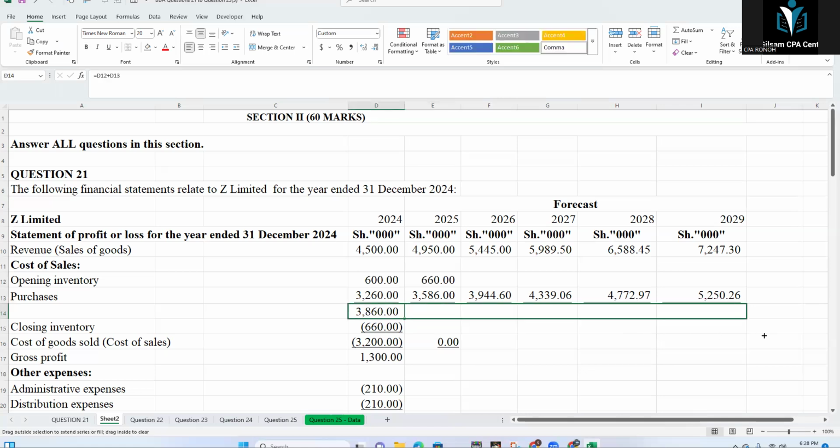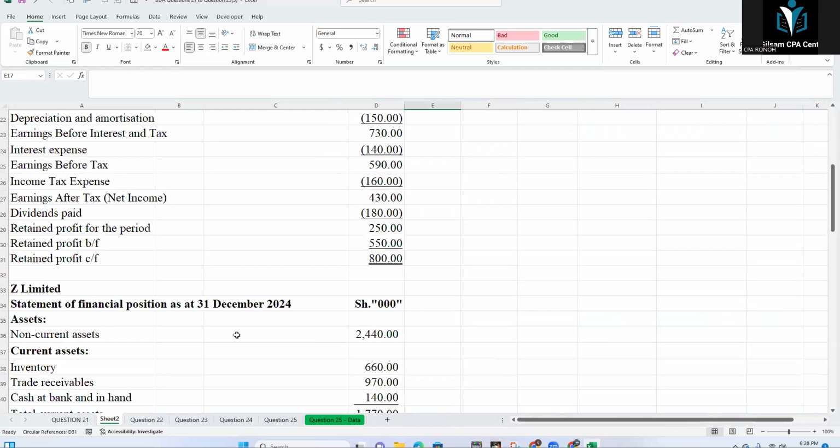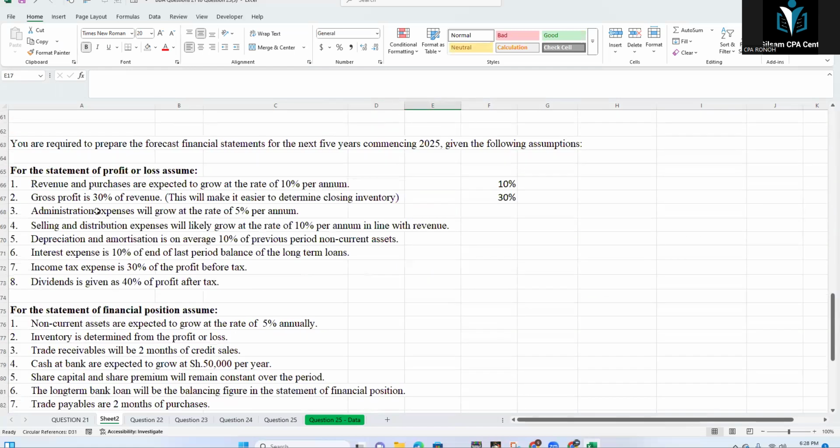Select up to that point. This one we can easily get our total purchases, but now we don't have our closing stocks, but we have our gross profit here. And also we have been told the gross profit is 30% of the revenue here.